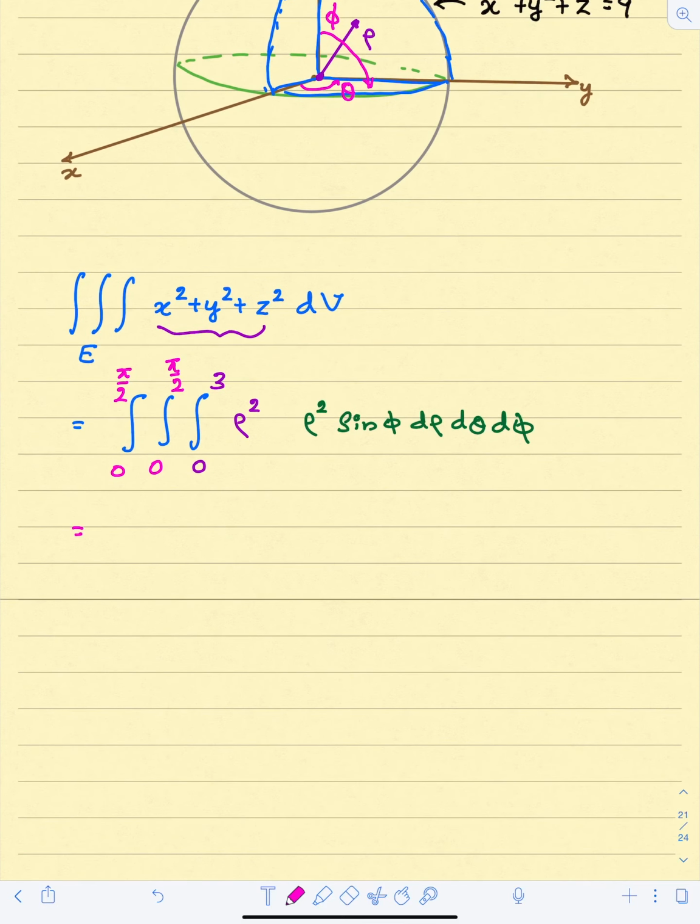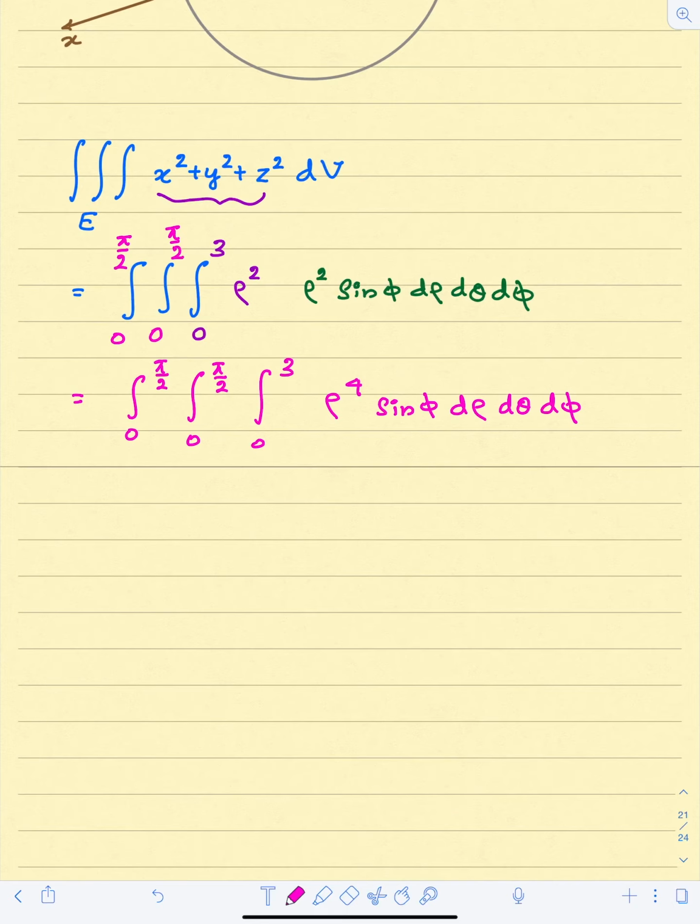Now if you simplify the integrand, you should get rho to the power 4 times sine phi d rho d theta d phi. My first variable of integration is rho, therefore we can treat sine phi as a constant.